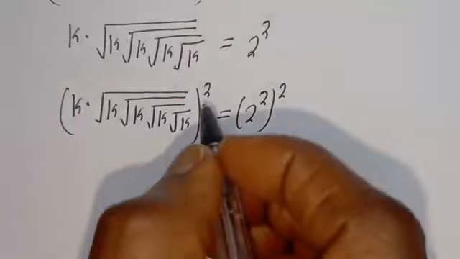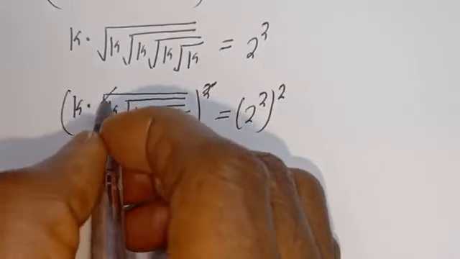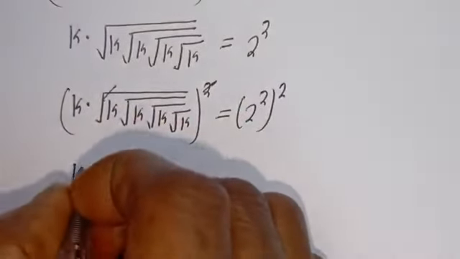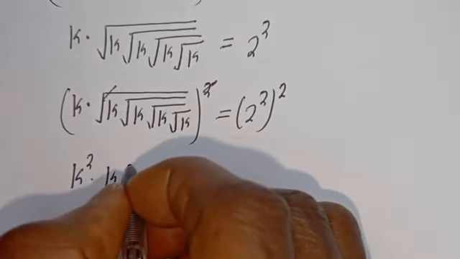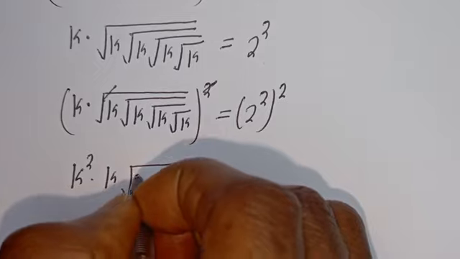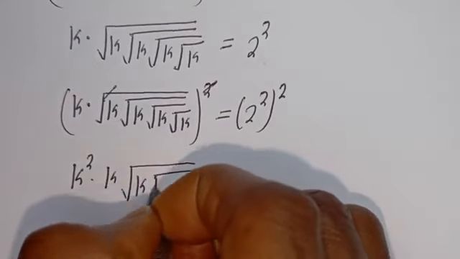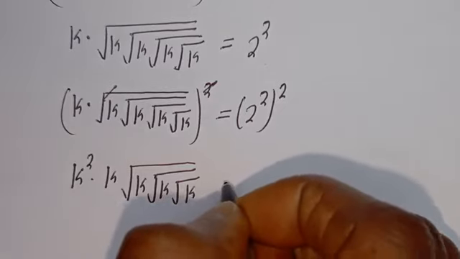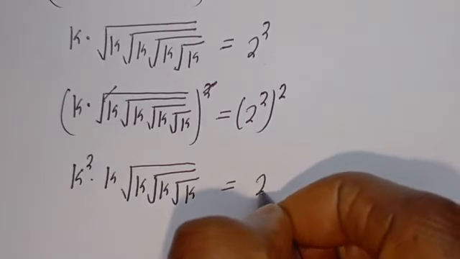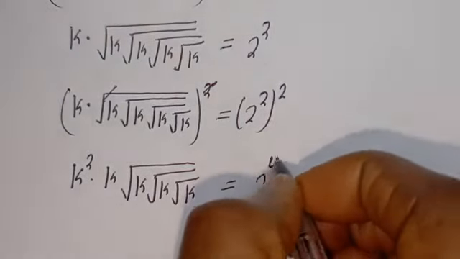Then here, this we cancel this. You have k squared multiplied by k times the square root of k times the square root of k times the square root of k is equal to 2 to the power of 2 times 2, that is 4.